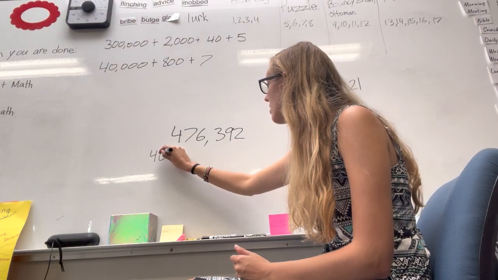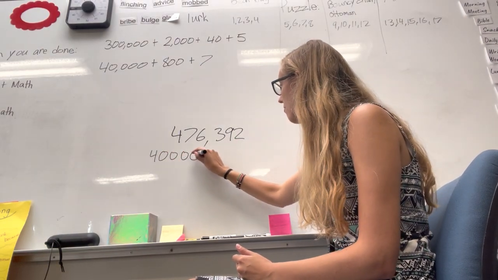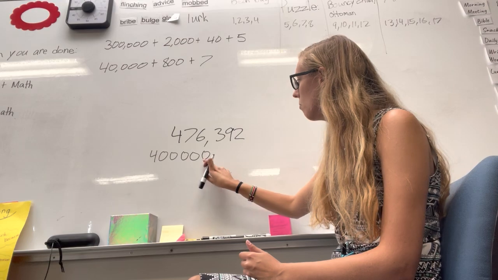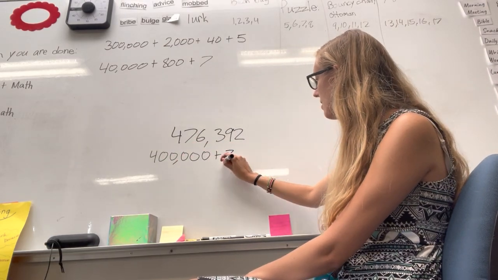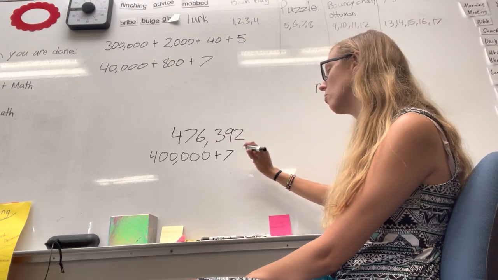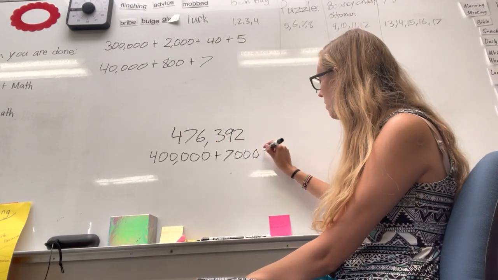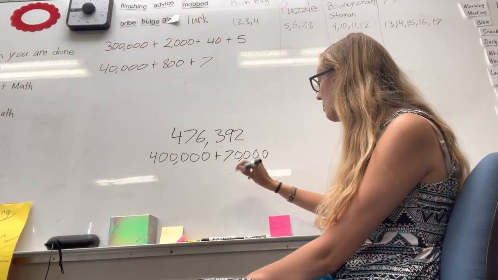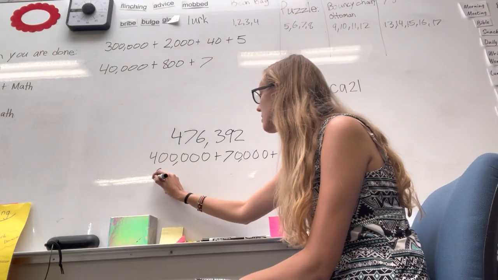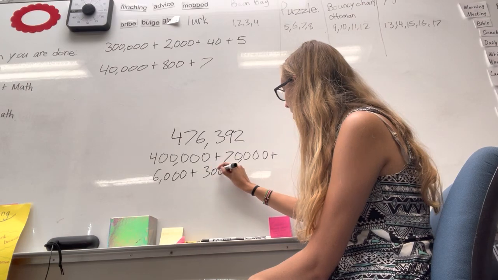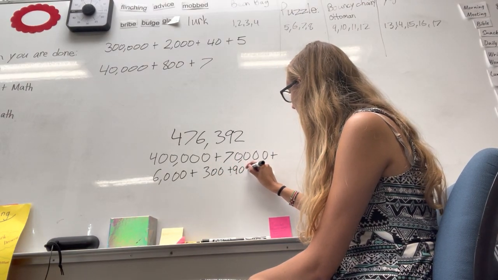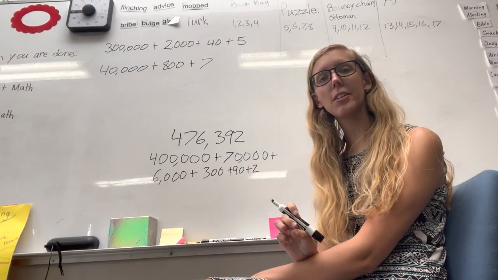I'm gonna add 5 zeros. Then I'm gonna count 1, 2, 3, comma, plus 70,000. 1, 2, 3, 4 zeros. 1, 2, 3, comma, plus 6,000, plus 300, plus 90, plus 2, just like that.